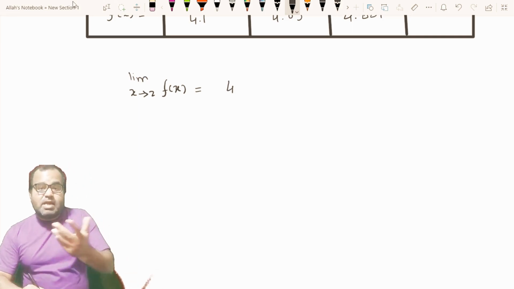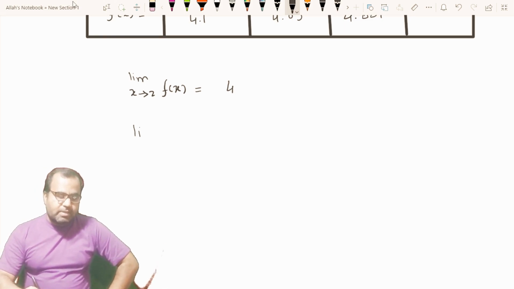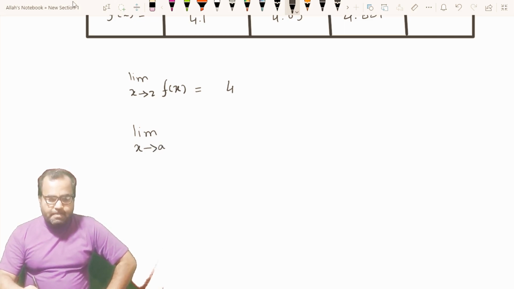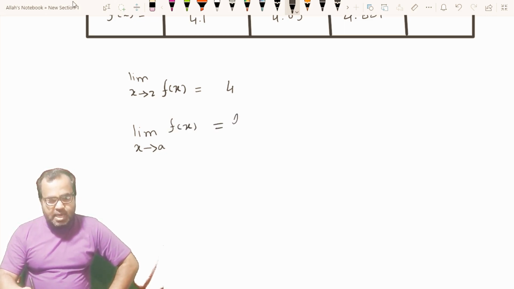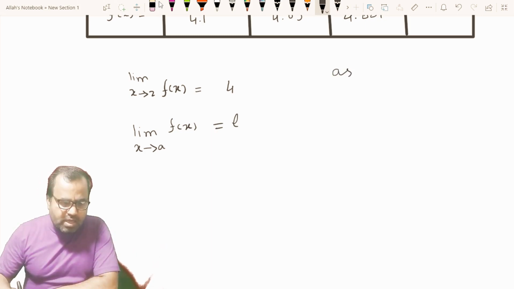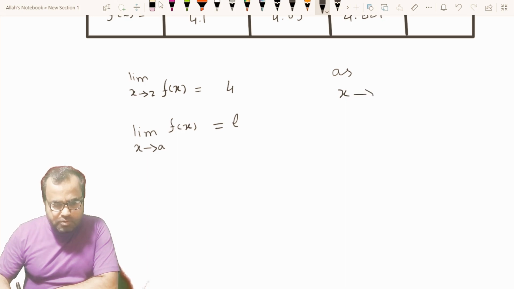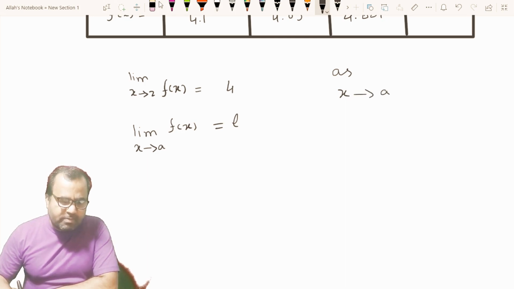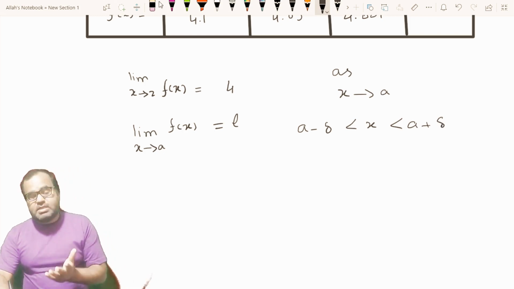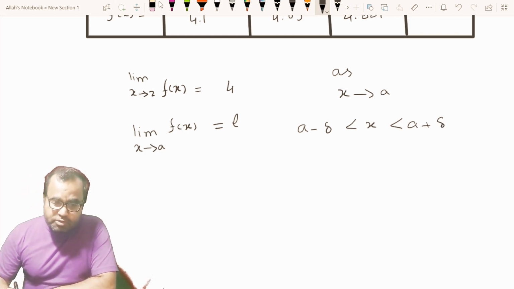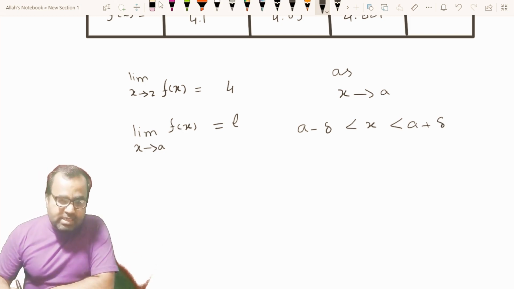In a more generalized way, we can write the limit as x approaches a of f of x equals L. As x approaches a means that x is in between a minus delta and a plus delta.